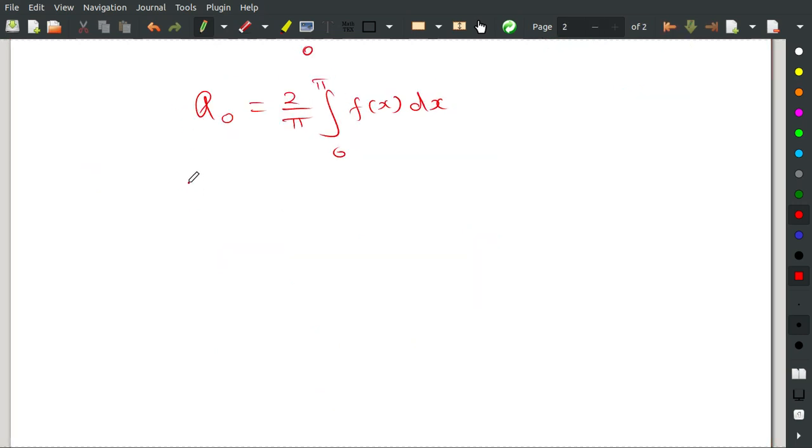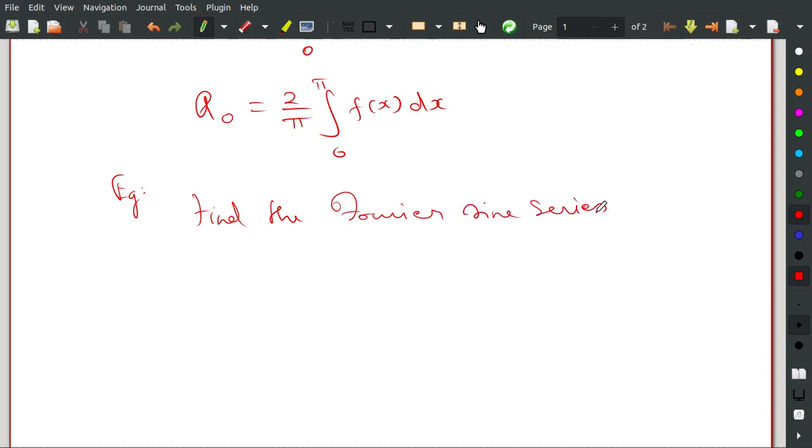Okay, let me do a simple example. Find the Fourier sine series for the function f of x equals e power ax for the range 0 less than x less than pi.